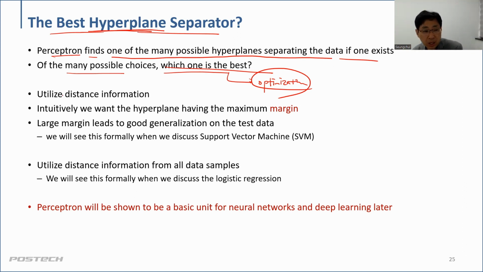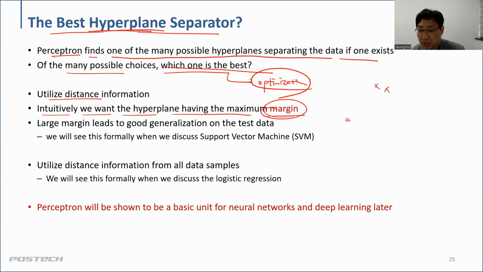We're going to utilize the distance information, and I mean later on. Intuitively, we want a hyperplane having the maximum margin. Margin is probably something you're familiar with.